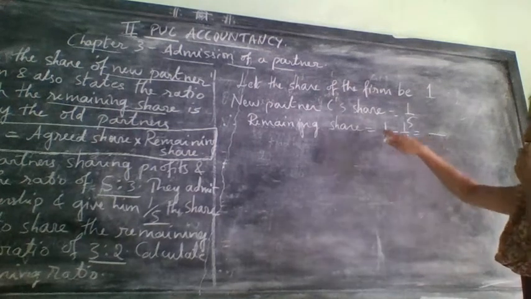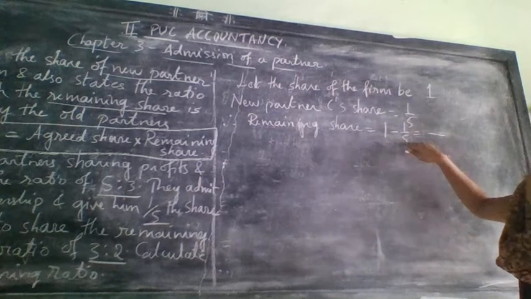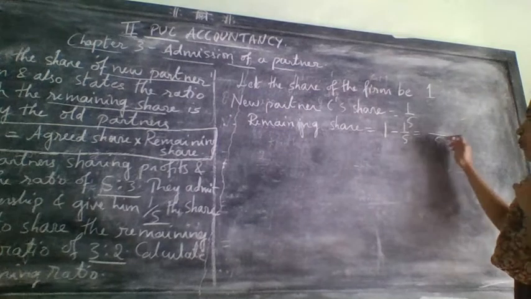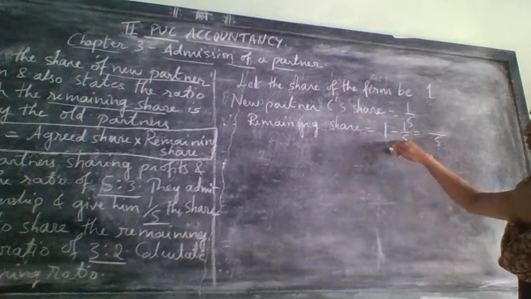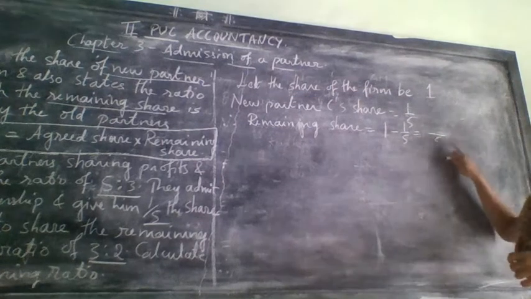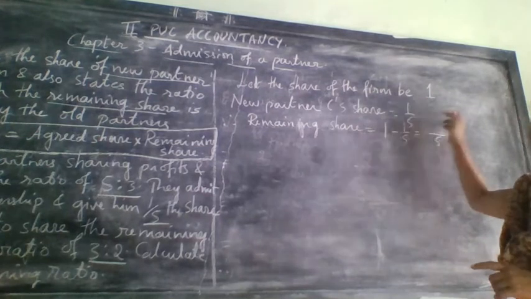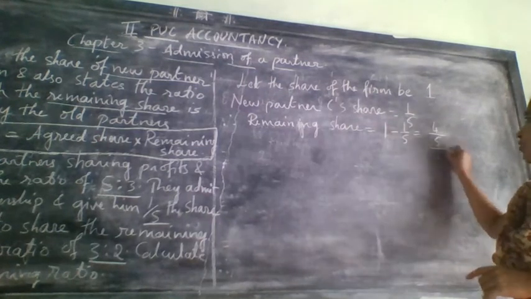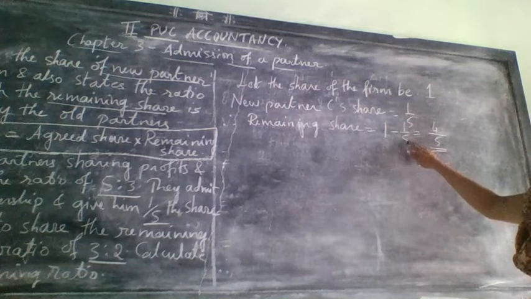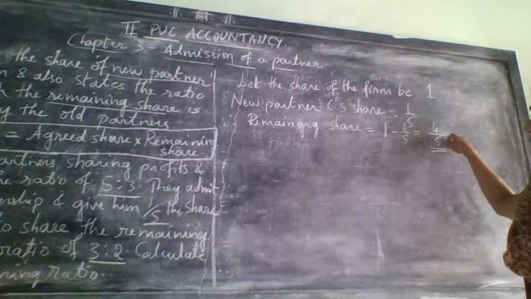I told you the formula. 1 is a whole number, so below it the denominator will be 1. The highest is 5, so take 5 as the common denominator for both. 5 divided by 1 is 5, 5 ones are 5. And here 5 divided by 5 is 1, 1 one is 1. That is 5 minus 1, how much will it come? 4. So it is 4/5. I told you one more method: 5 minus 1 is 4, so 4/5 is the remaining share.